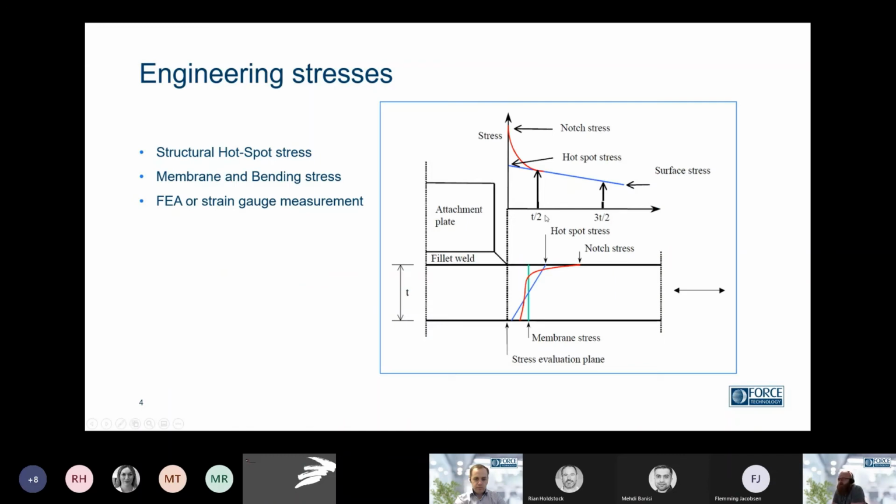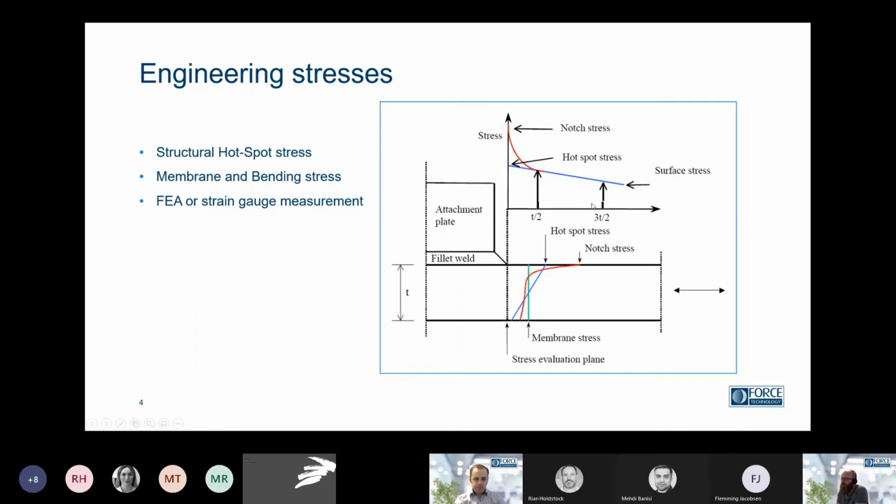The engineering stresses we use in these assessments are usually the structural hotspot stress. We use the membrane and the bending stress based on a linear stress through the thickness. Again, we can do this from finite element or strain gauge measurements.